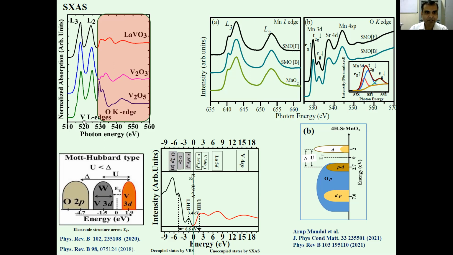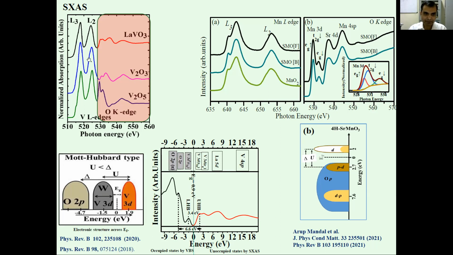You can see that for V2O5, the intensities of the L2 and L3 features are almost equivalent, whereas in V2O3, the intensity of L3 is higher than L2. In LaVO3 also the intensity of L3 is higher than L2. So we concluded that this absorption spectrum is very similar to V2O3 as compared to V2O5. Therefore, in my system, vanadium is present in the 3+ state. That kind of experiment one can do.